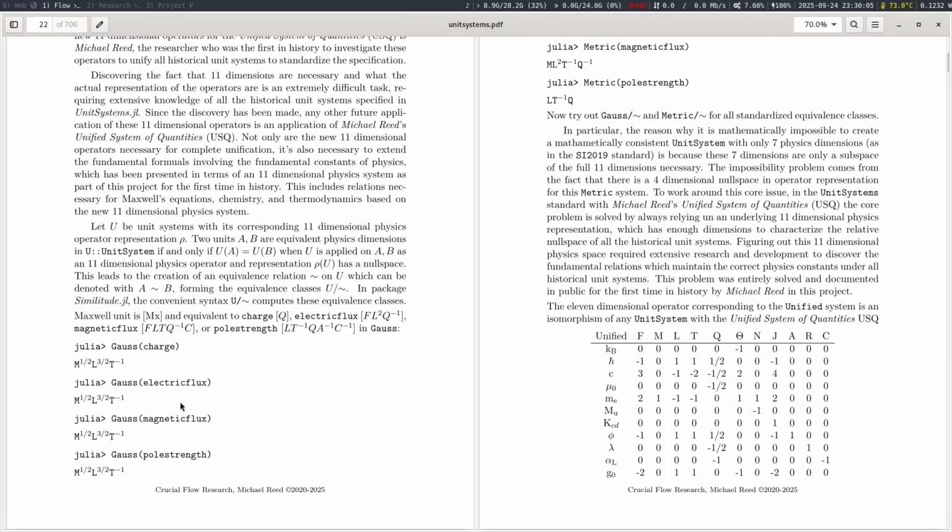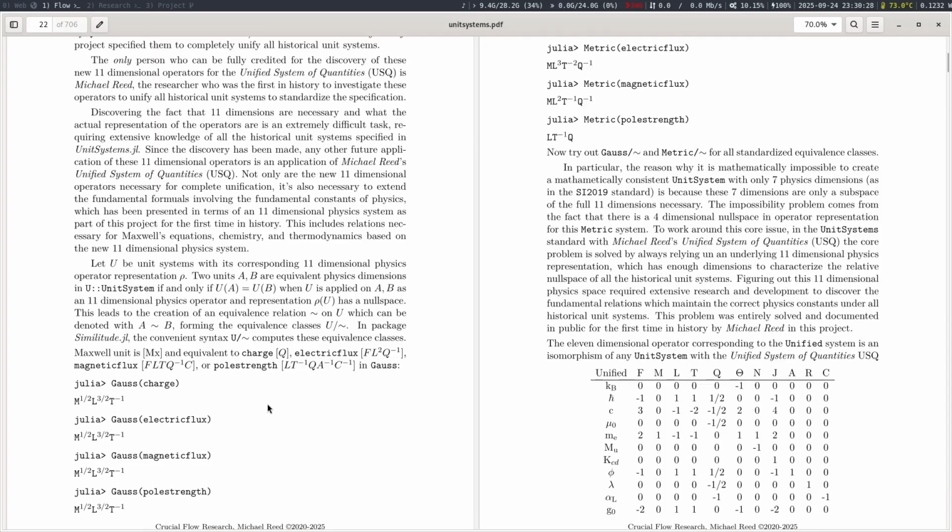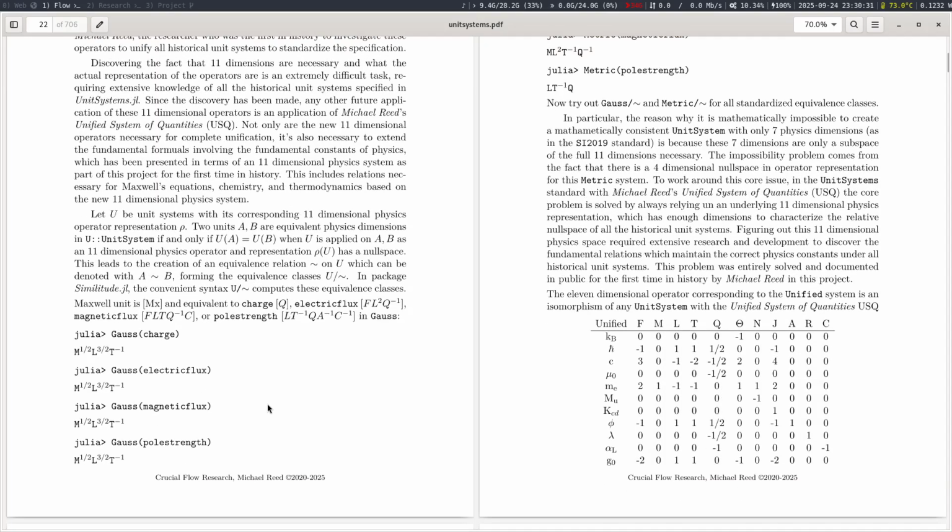So there's basically this equivalence class of dimensions in the original Gauss unit system, and in that equivalence class, you could find charge, electric flux, magnetic flux, and pole strength, for example. This is just an example. It could include more things as well, but those are like some of the standard ones.